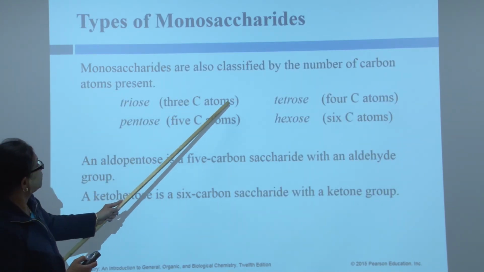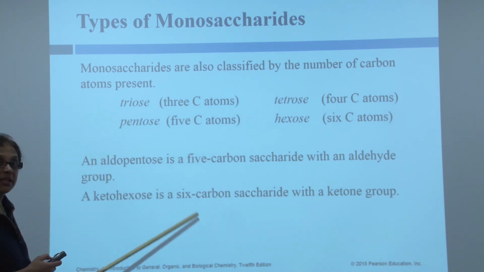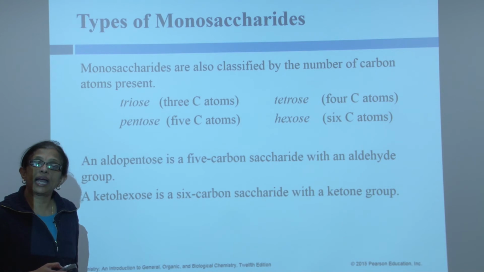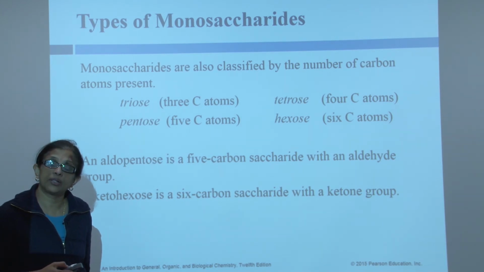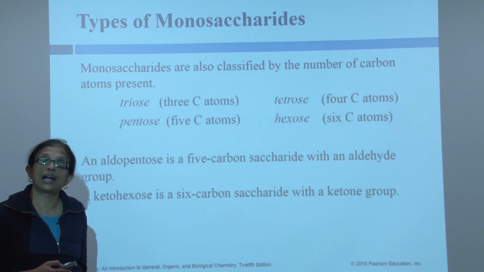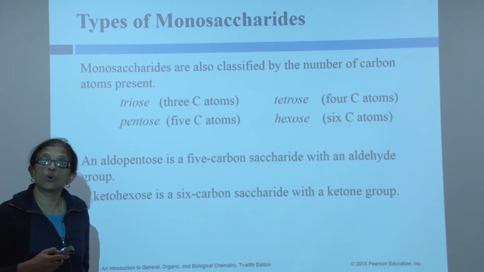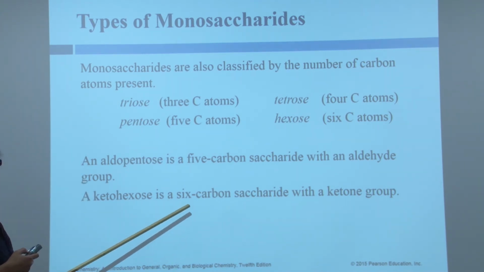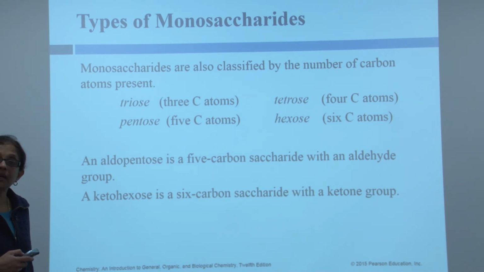Monosaccharides are also classified by the number of carbon atoms present. Now in the past slide, we classified carbohydrates based on the aldehyde or keto group present. We are now going to classify a monosaccharide based on the number of carbon atoms present.